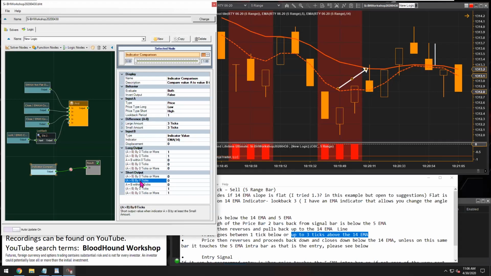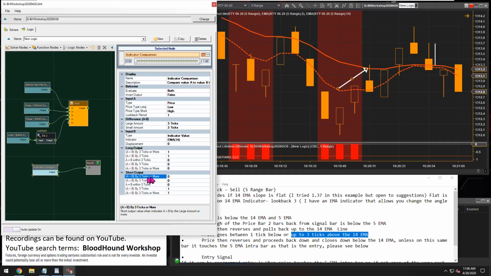Sometimes on some machines this text doesn't update, so what you can do is just click on another solver and then click back on our solver. And now we can see this text will update. So now it says A greater than B by 3 ticks or more.